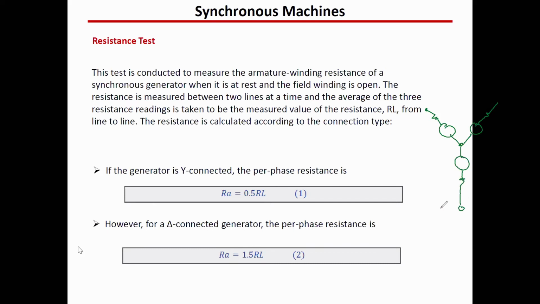Get my point? So this is Y connection. This is how we connect the three armature circuits in Y. It basically means the whole machine is connected in either Y or delta.